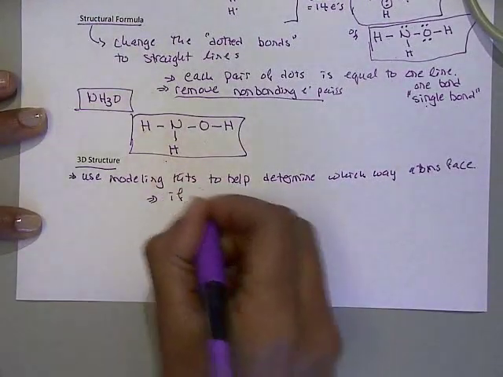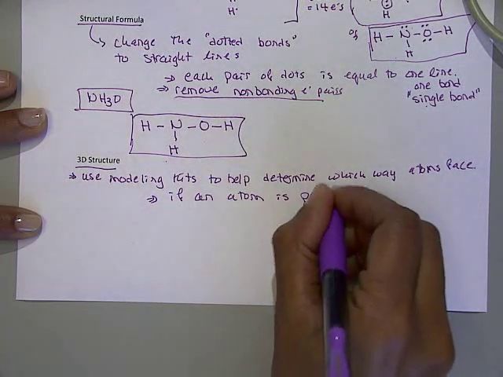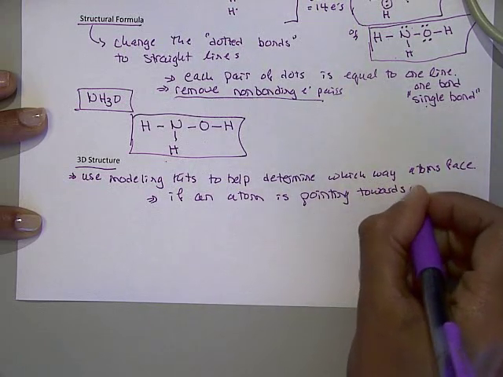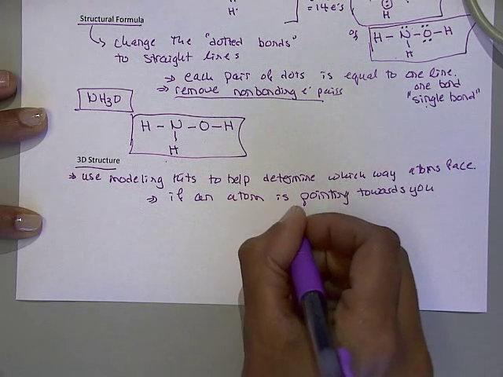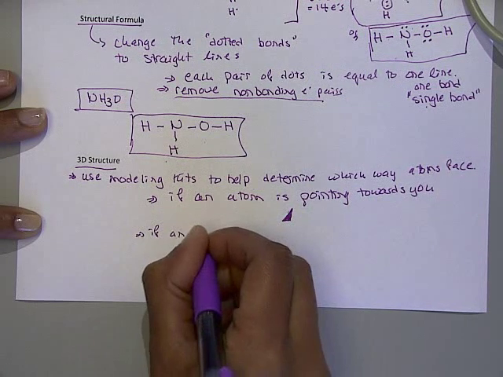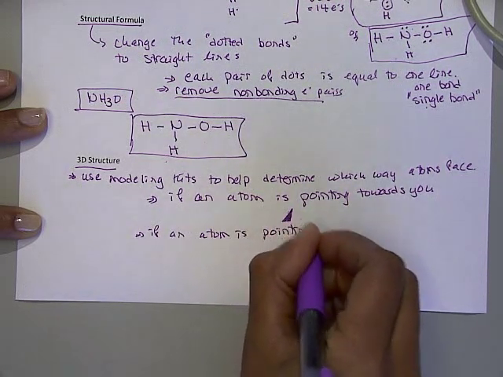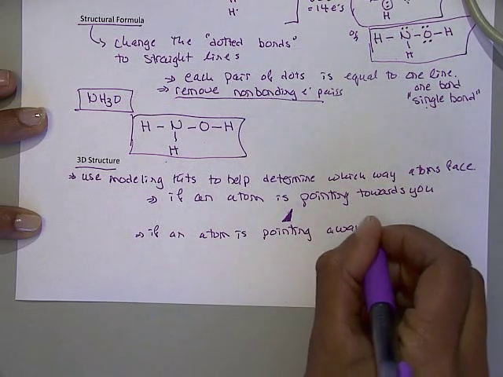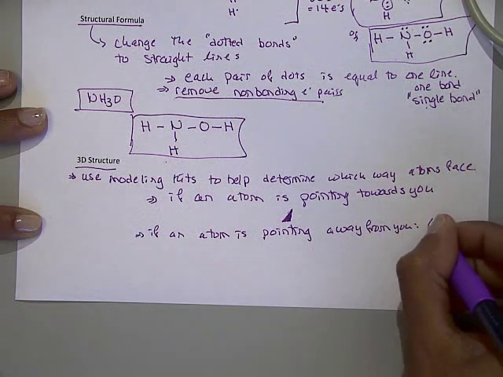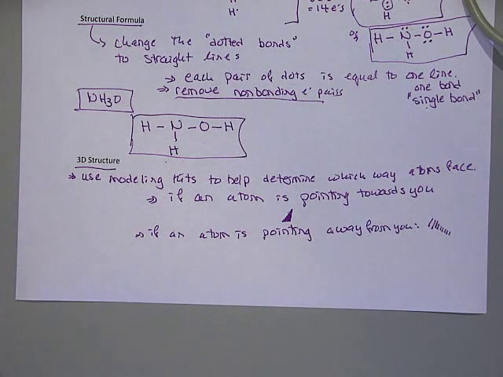If an atom is pointing towards you in your 3D model, on paper we depict it with this triangle here. If an atom in your 3D model is pointing away from you, we depict it by using these dashed lines here. And I'm not very artistic, so my dashed lines aren't very perfect.